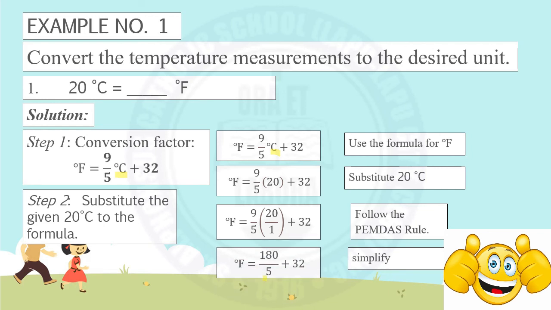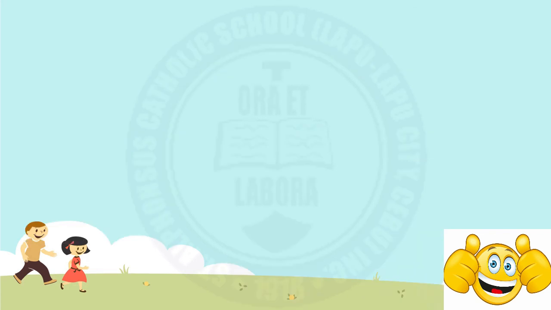After we simplify, 180 divided by 5 is 36, plus 32. 36 plus 32 is 68 degrees Fahrenheit. And that will be our final answer. So 20 degrees Celsius is 68 degrees Fahrenheit. Okay, let's go on.